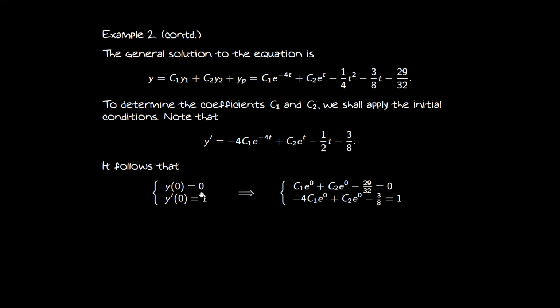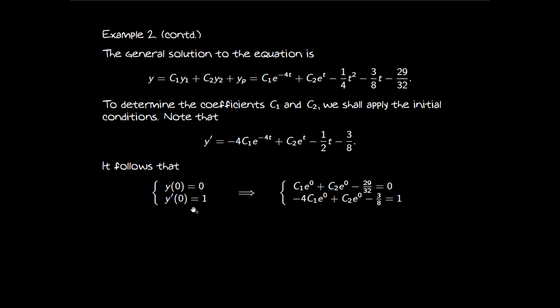So y of 0 is equal to 0 means when the t is 0, your y is going to be 0. So you simply plug 0 into the places of t, and then you're going to see a lot of zeros, right? So the non-zero terms are going to be c1 e to the 0 plus c2 e to the 0, and this constant, and then the y value is going to be 0.